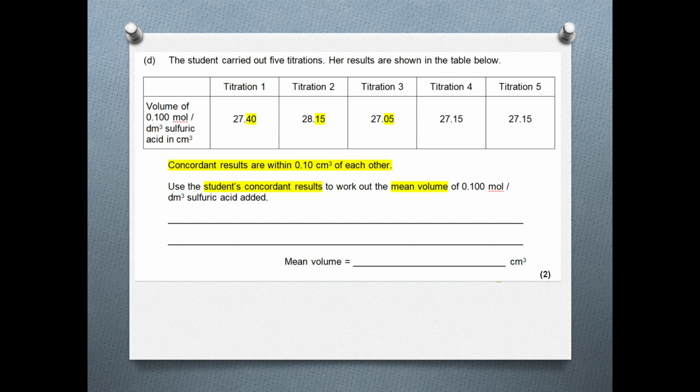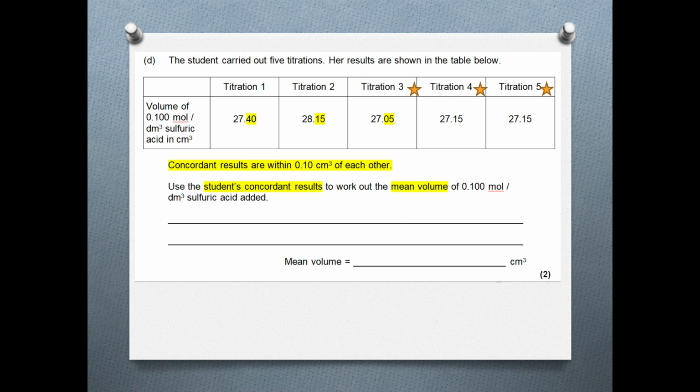I've highlighted this area here, not because these are the concordant results, but just to show you how many significant figures are included after the decimal point. It's really important because your answer should match the same number of significant figures they use in the table. This is a skill that we also teach at A-level chemistry. So if you look at the range of 0.1, the concordant results are titrations 3, 4 and 5.